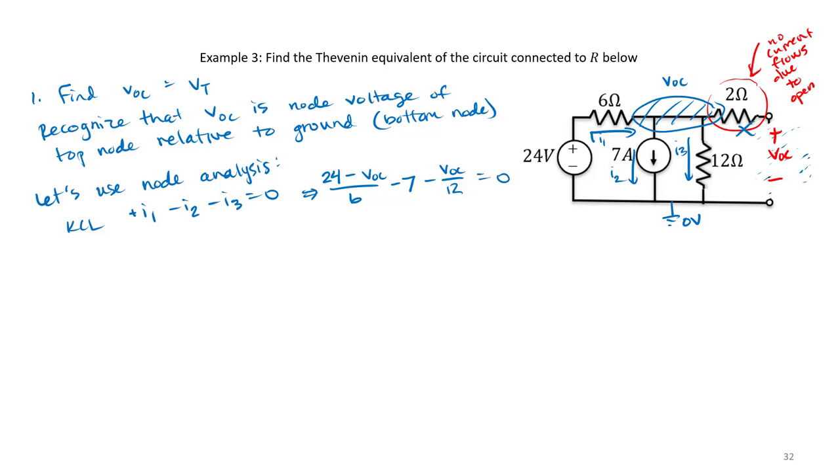If we multiply both sides by 12, we end up getting 2 times 24 minus VOC. Then we have the minus 7 amps, that becomes minus 84, minus VOC equals 0.